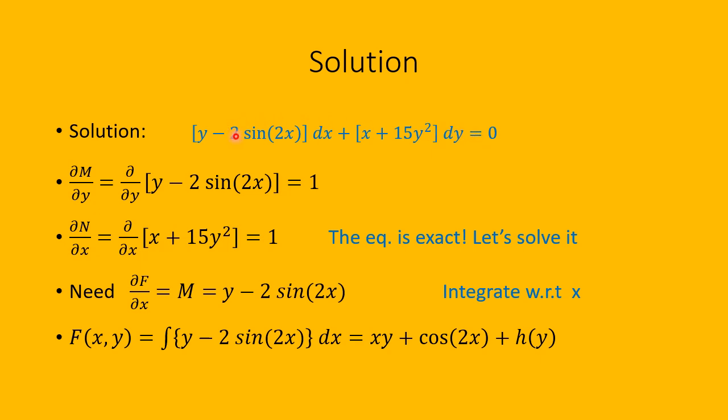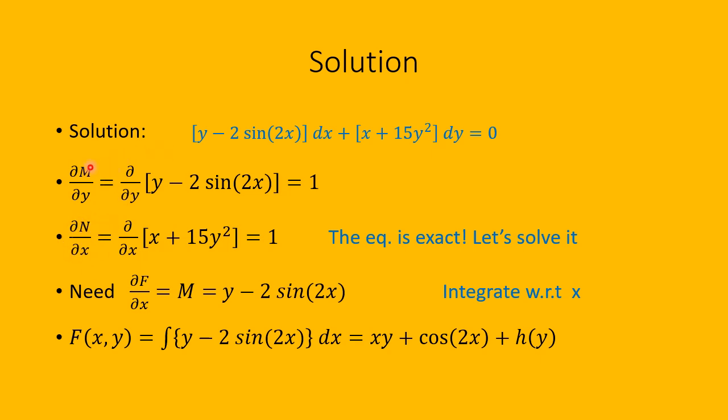Okay, here's the exact differential equation that we're considering. This is M of x, y, and over here this stuff is N of x, y. So look at the partial of M with respect to y first, and we'll show that that is equal to the partial derivative of N with respect to x.